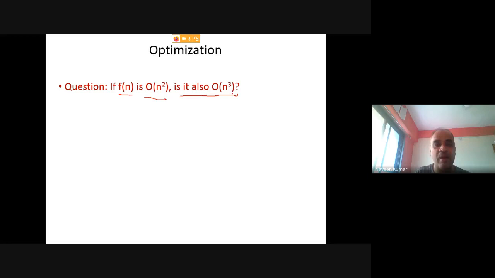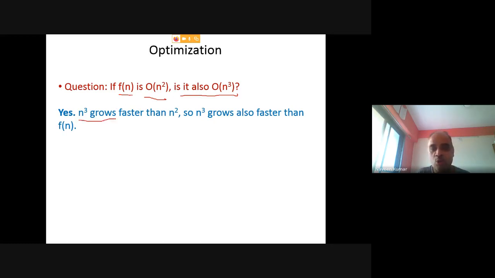Order of n square and n cube are both correct approximations, right? Yes, it is the case. Since n cube grows faster than n square, and n square is a correct approximation for f(n), then n cube also grows faster than f(n). So it must be an approximation for f(n), right? This is correct.